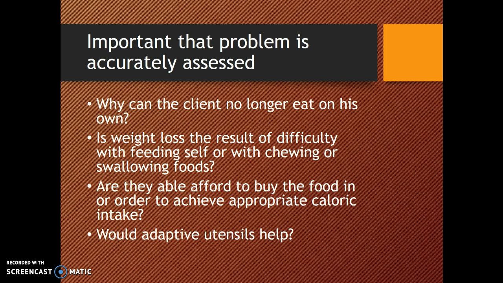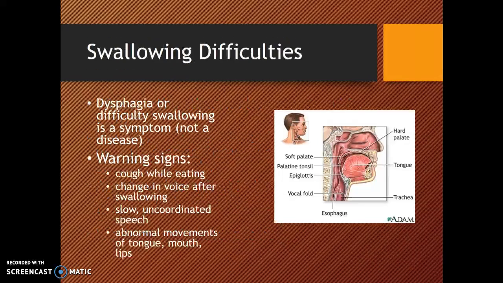Are they having difficulty with chewing or swallowing? Maybe they don't have their dentures in their mouth. Maybe their dentures don't fit right, or maybe they have sores in their mouth. Maybe we need to have occupational therapy come and take a look at that. Maybe we need to have a speech pathologist come and do a swallow eval for them.